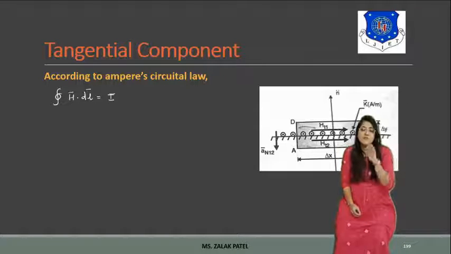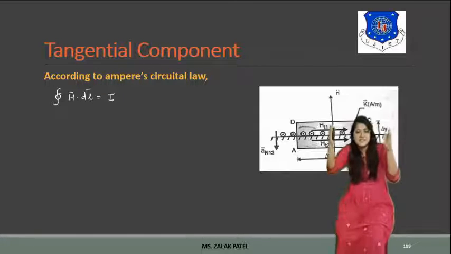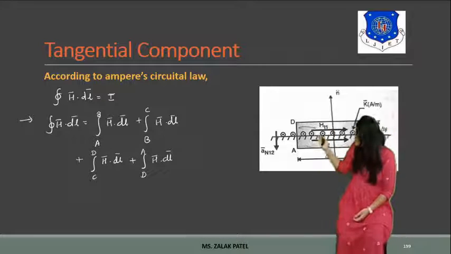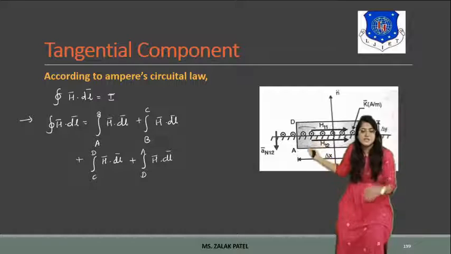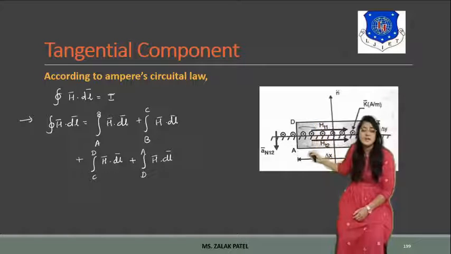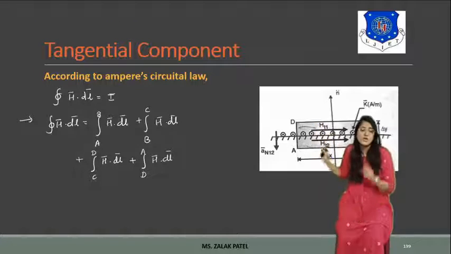And that's why when we take the integration and add all four sides, we have to neglect the vertical sides of the rectangular path. Here, obviously, the total integration is the addition of all four parts: A to B, B to C, C to D, and D to A, H·dl. But we will make the vertical paths 0. Why 0? Because we have applied the tangential component only on the horizontal axis, not on the vertical axis.